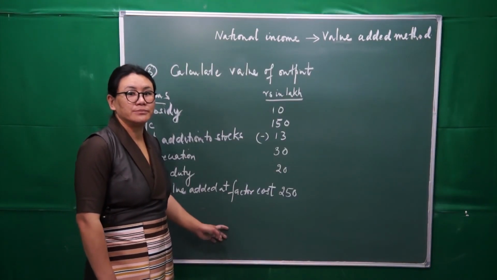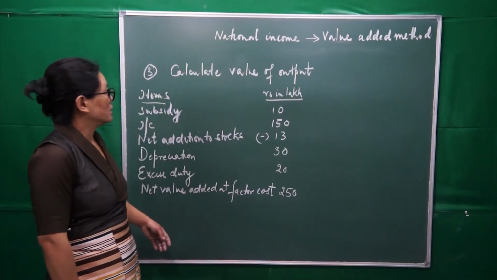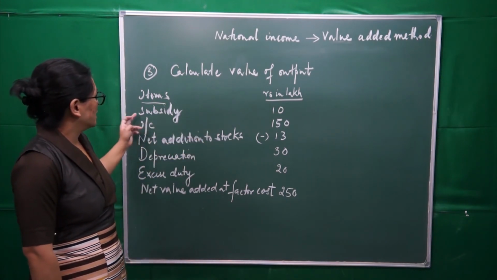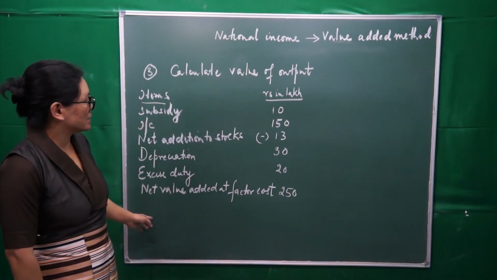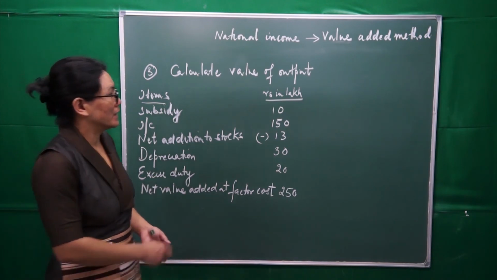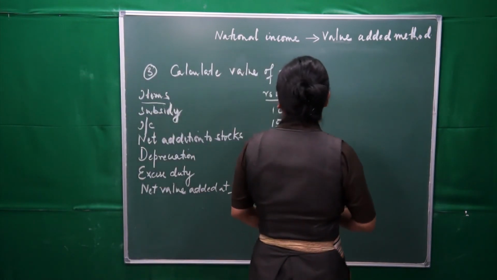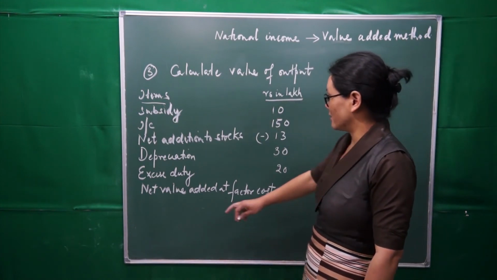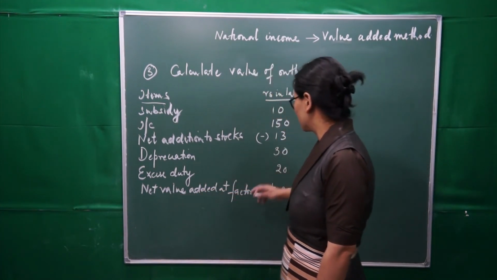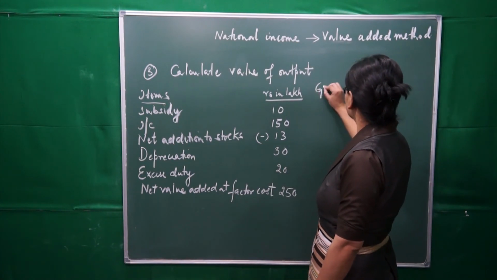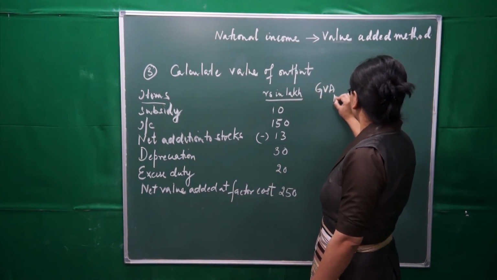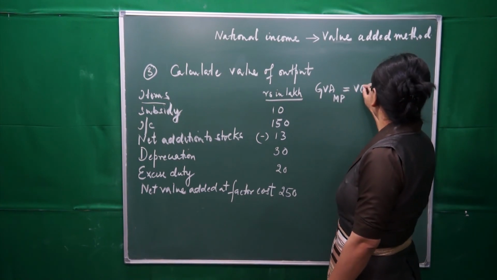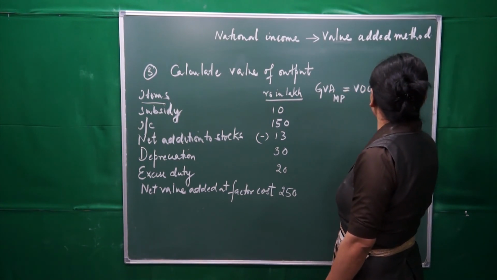Last problem in this: we have to calculate the value of output. Items are given here. Look into them and then go for the calculation. So again, what is given here? Net value added at factor cost. So gross value added at market price is equal to value of output minus intermediate consumption.